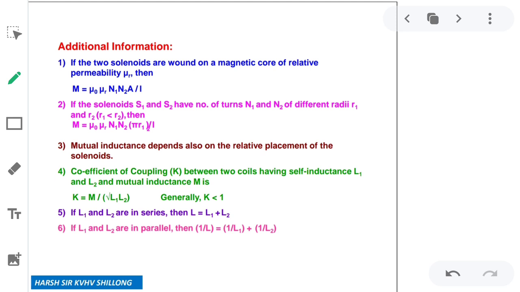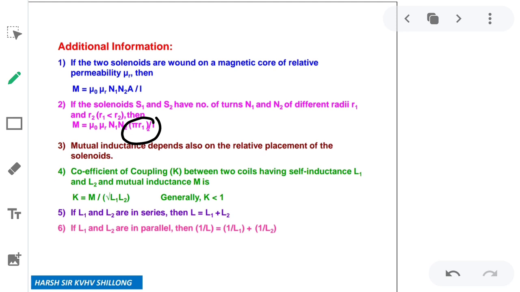If solenoids S1 and S2 have numbers of turns N1 and N2 and different radii, where R1 is smaller than R2, then obviously the smaller coil, which has radius R1, will cover the whole common area between the two coils. So we take pi R1 square. The square is shown here as a misprint, it should be 2 above. It is pi R1 square.